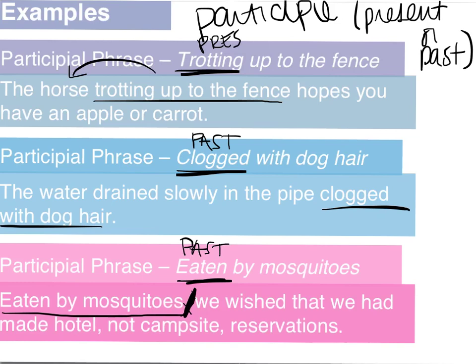Hotel, not campsite reservations. So the comma here does act as a visual cue separating this participial phrase. So you can see that participial phrases can be punctuated or not punctuated with commas at all, but that they are working with your participles of verbs, and you don't necessarily have that noun that comes before it, like in the absolute.